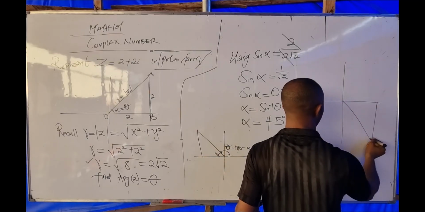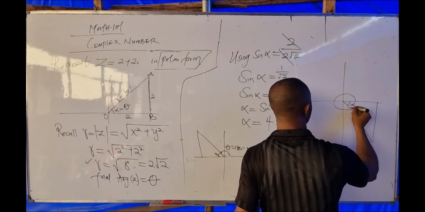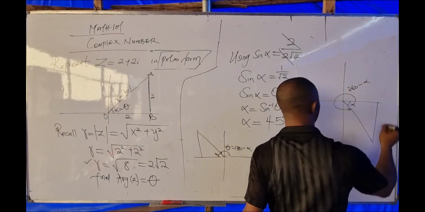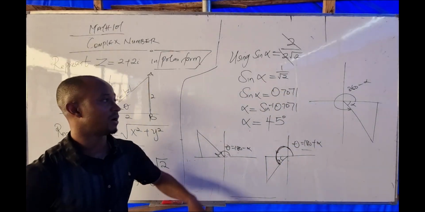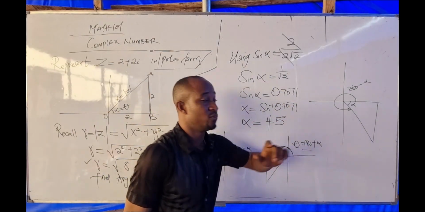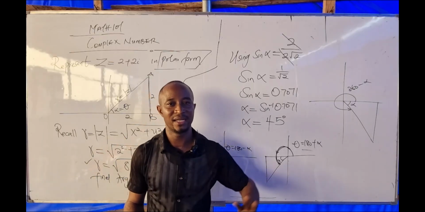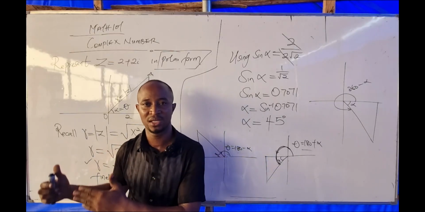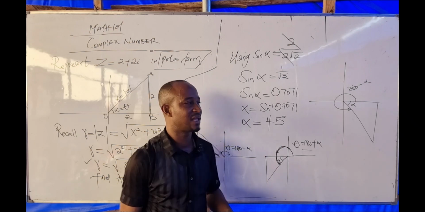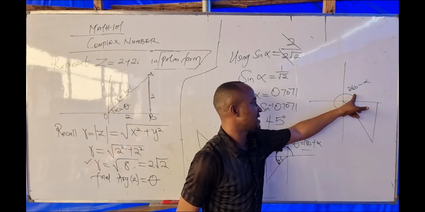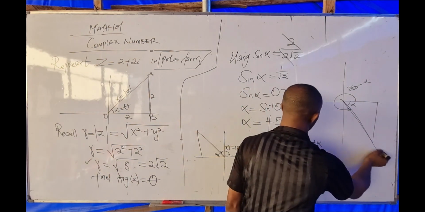We have our alpha here, then here will give us 360 minus alpha for the value of theta. You must always take note that your alpha is always measured from the negative or positive x-axis, but your theta is measured from the positive x-axis down to the hypotenuse line.